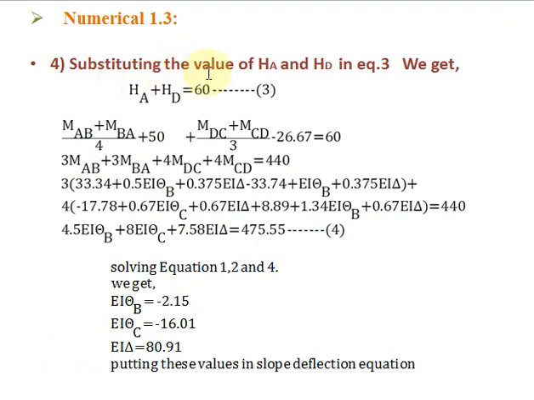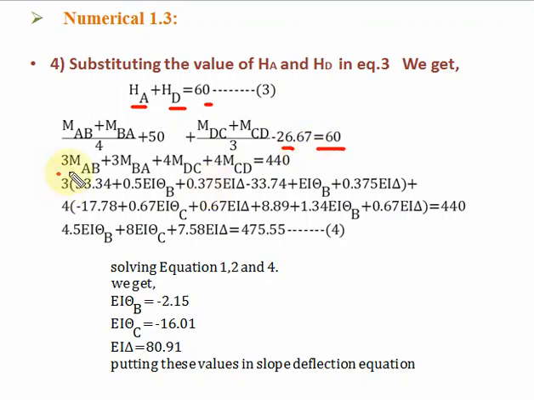Now substituting the values of HA and HD in equation 3. So equation 3 is HA plus HD is equal to 60. Now put the values of HA and HD: (MAB plus MBA) divided by 4 plus 50, plus (MDC plus MCD) divided by 3 minus 26.67, is equal to 60.